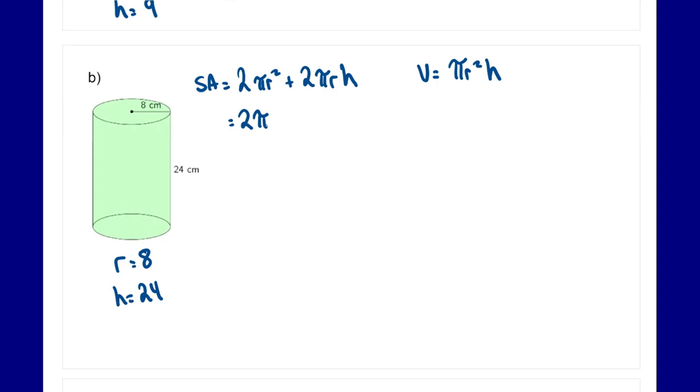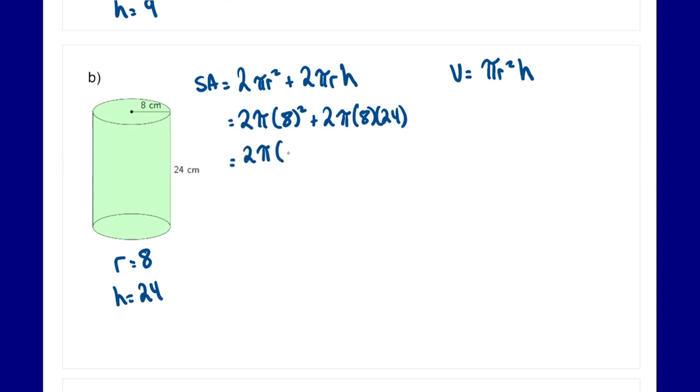So 2 times pi times 8 squared plus 2 times pi times 8 times 24. I'll do the volume one after. Keep in mind we have to do BEDMAS, so I have to do my exponents first. So 2 times pi times 8 squared, or 64, plus 2 times pi times 8 times 24.